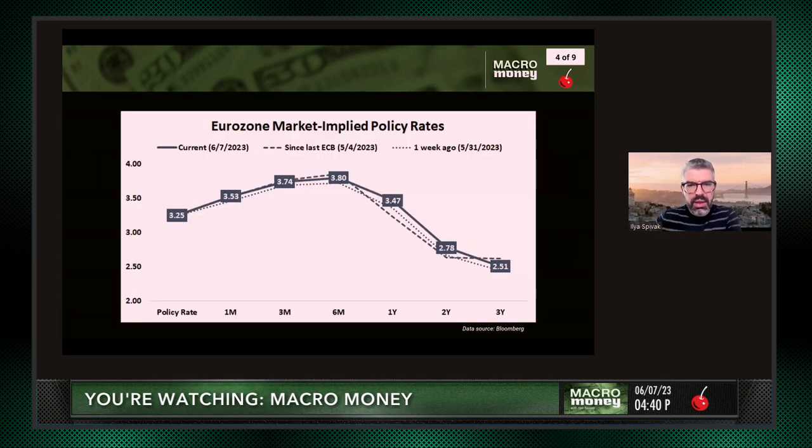If you look at the yield curve, as it's developed over the past month, again, we're looking here since the last ECB meeting, that was on the 4th, and since last week, there's been no movement here. The current yield curve is effectively unchanged.